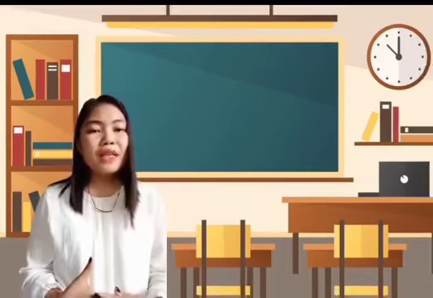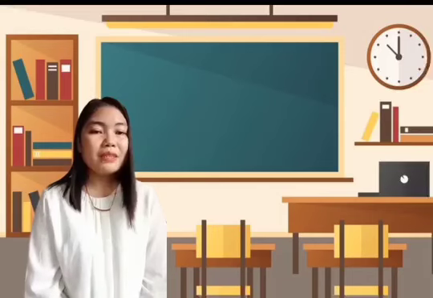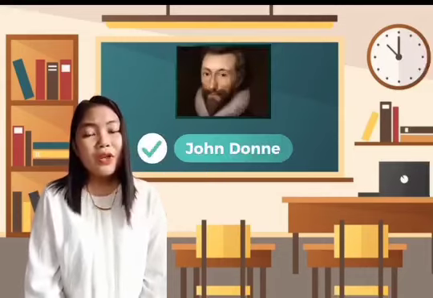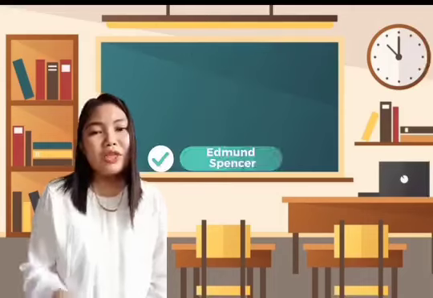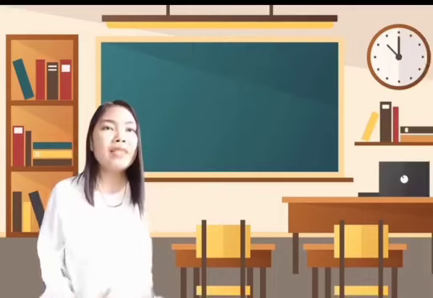Before we move further into our discussion, let's have first a preparatory activity. Are you ready? Can you guess these famous writers and poets? That's correct. These are the famous writers and poets of the sonnet. This is John Donne, this is Edmund Spenser, William Shakespeare, and lastly Giacomo da Lentini.